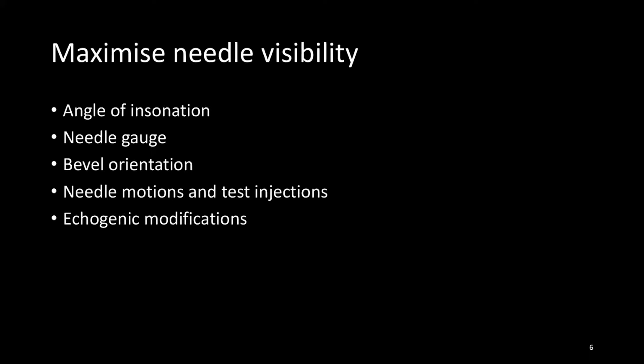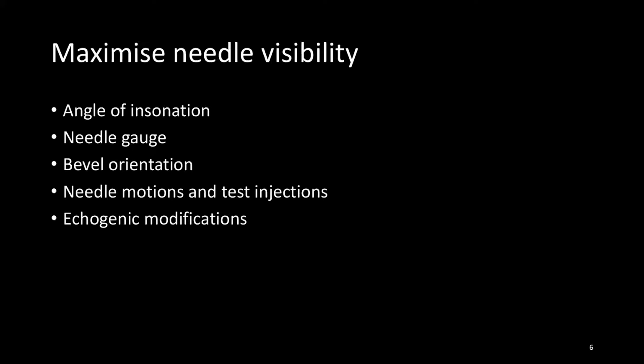And if by mistake we hit any vascular structures, we can have major consequences due to large bore needles. So generally we use 22 gauge needles for ultrasound blocks. I'll talk about bevel orientation, needle motions and test injections in the further slides.